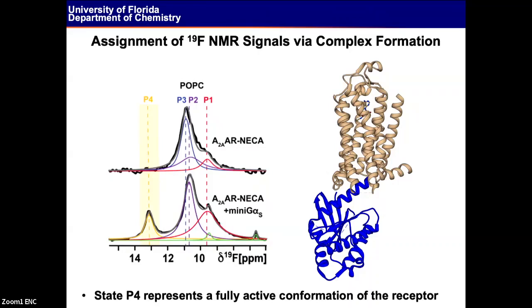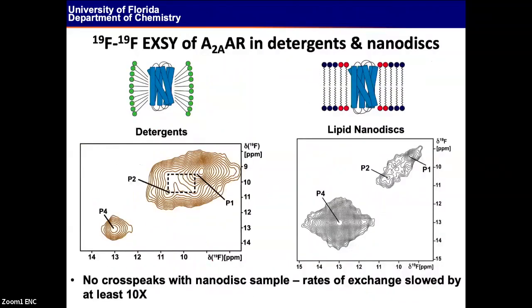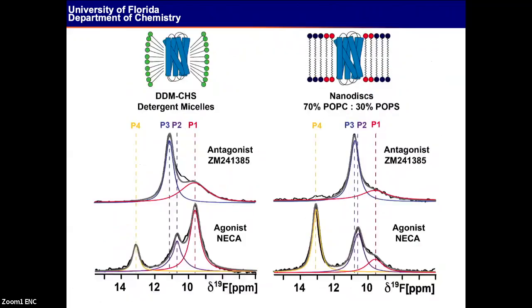Yes, the lipids do have a large influence on the dynamics. We have done these exchange spectroscopy experiments where, in comparison to previous data published for the detergent solubilized sample, the exchange rates are slower. We don't know exactly how much slower, but they have to be at least an order of magnitude slower. Some of the previous work used saturation transfer experiments, where we could quantify the rates of exchange between these different states.